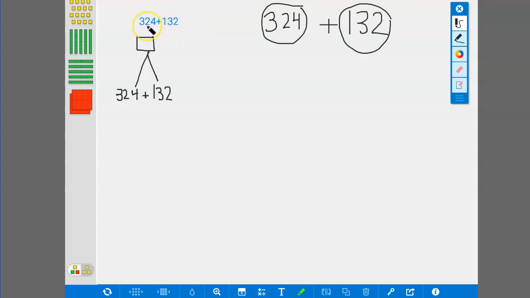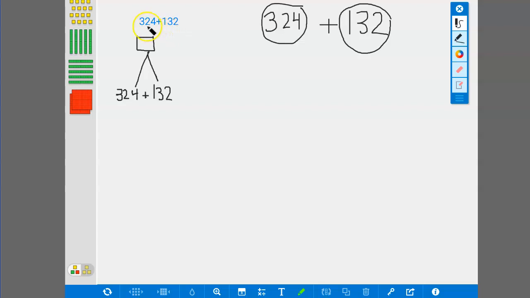Let's take a look at our 10s. Here I have 2 10s plus 3 10s. 2 10s is like saying 20. 2 10s plus 3 10s equals 5 10s.